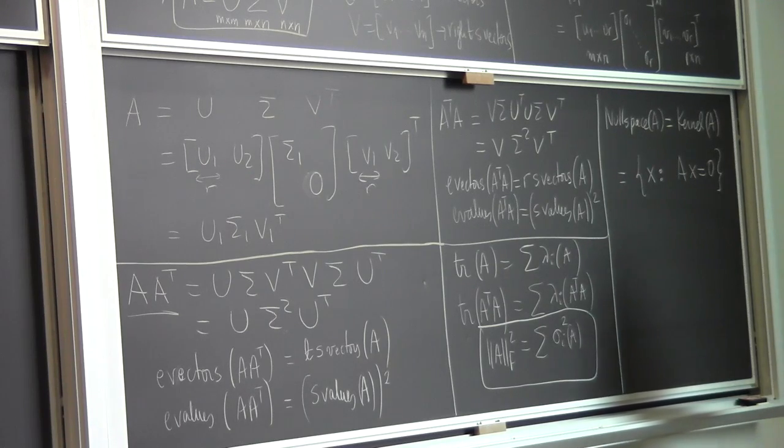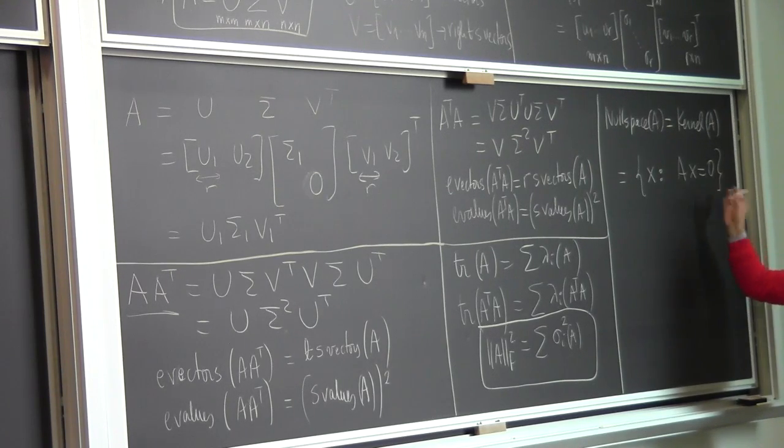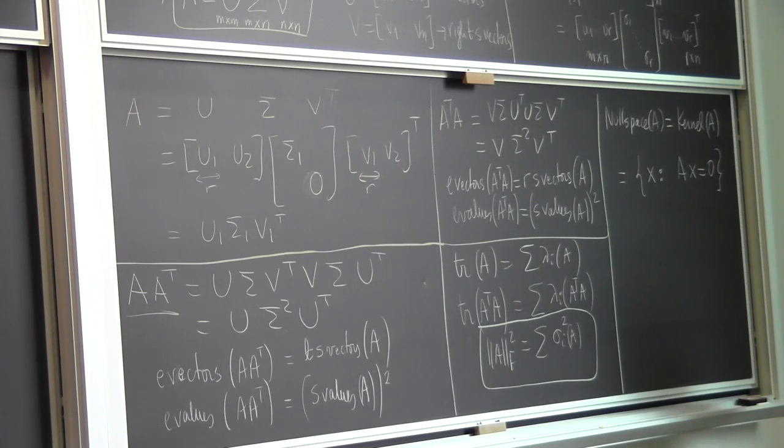You guys remember this from basic linear algebra, I hope. So the kernel of a matrix is a subspace of R^n of all of the vectors that are mapped to the zero vector. The cool thing is that you can compute the null space of a matrix directly from its singular value decomposition.